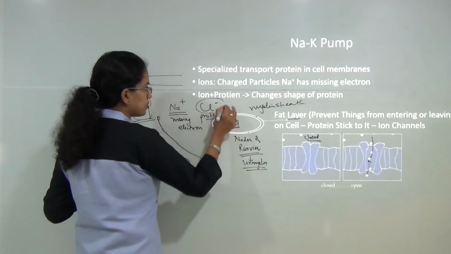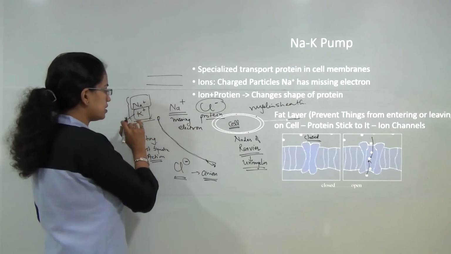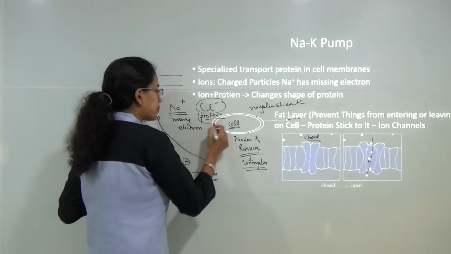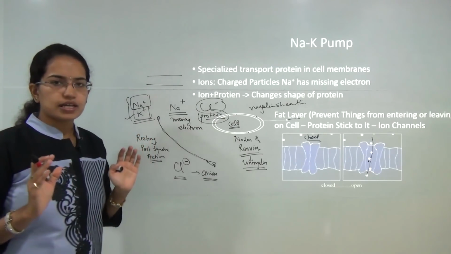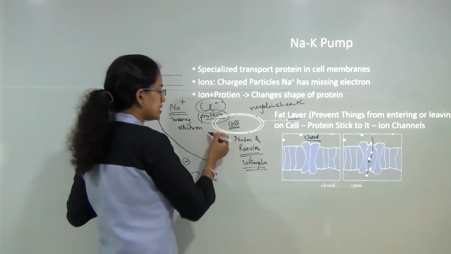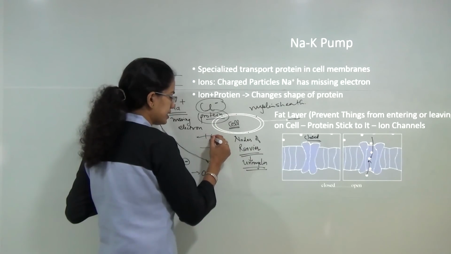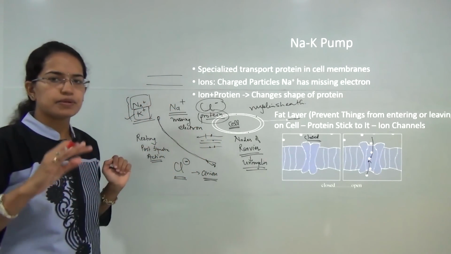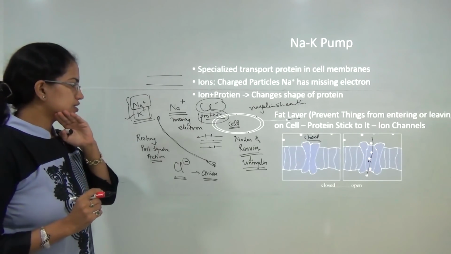Now chloride would move through its channels, potassium would move through its channels, but protein particles, being bigger in size, are not easily moved through the ion channels, and they remain within the cell of the neuron.